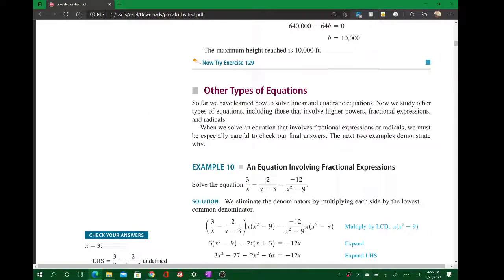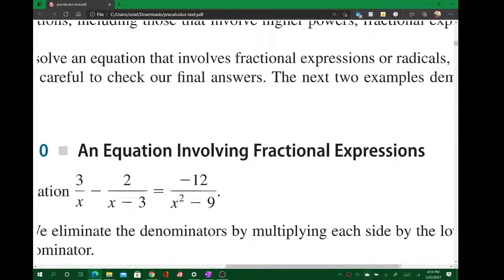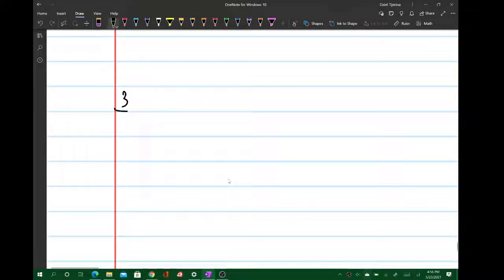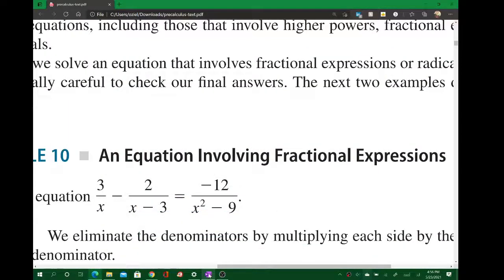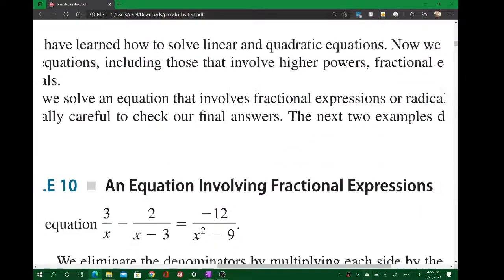It says other types of equations. So it says an equation involving fractional expressions. We have this equation here, 3 over x minus 2 over x minus 3 equals negative 12 over x squared minus 9, right? Now let's very quickly read what it says.